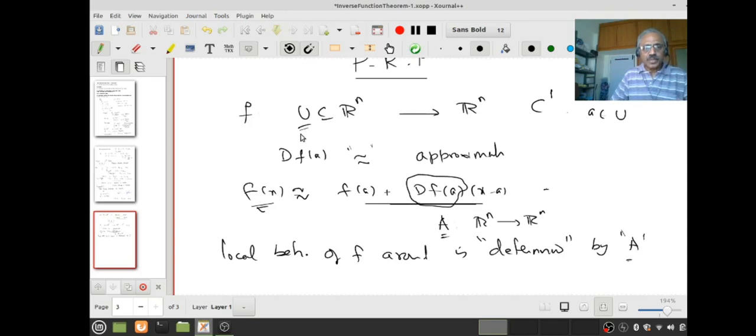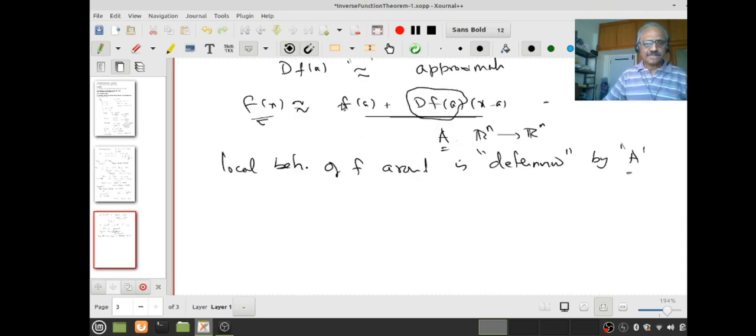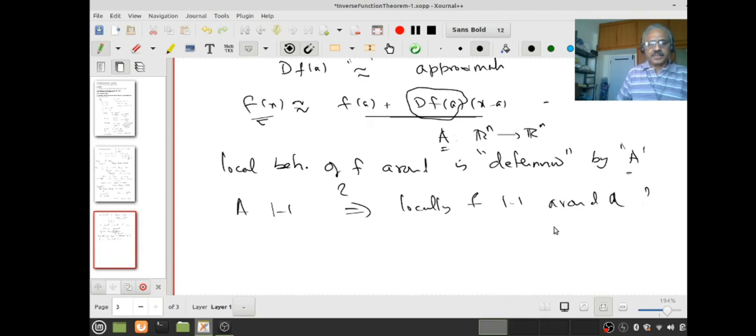F must be 1-1 in a small neighborhood around a. That's it. Do you follow that? So that's the first thing. If A is 1-1, does it imply that locally f is 1-1 around a? That's a question, right?